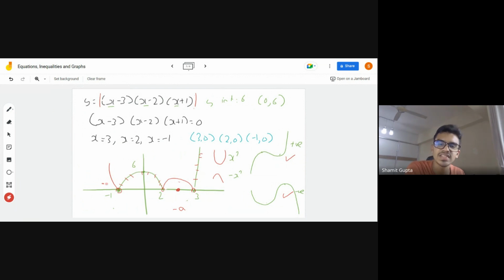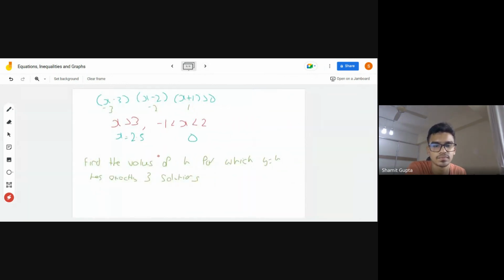They usually ask this type of question for quadratics, but they might ask you for cubics as well. So for 3 solutions, I have only a line here, 1, 2, 3, or this part also works, 1, 2, 3. So it'll be y equals 6 and y equals 0.